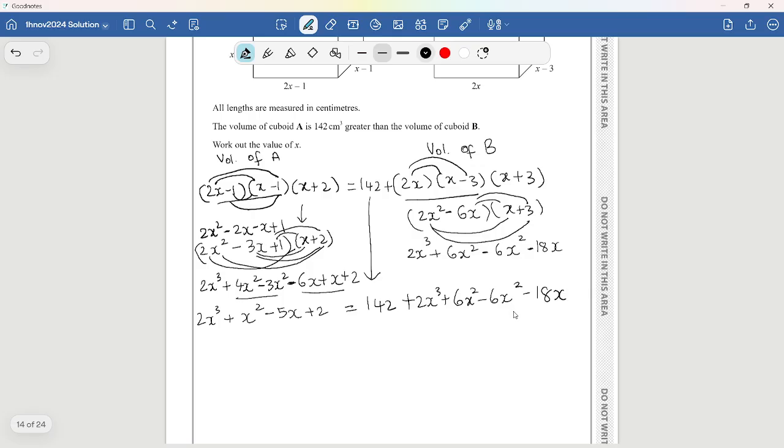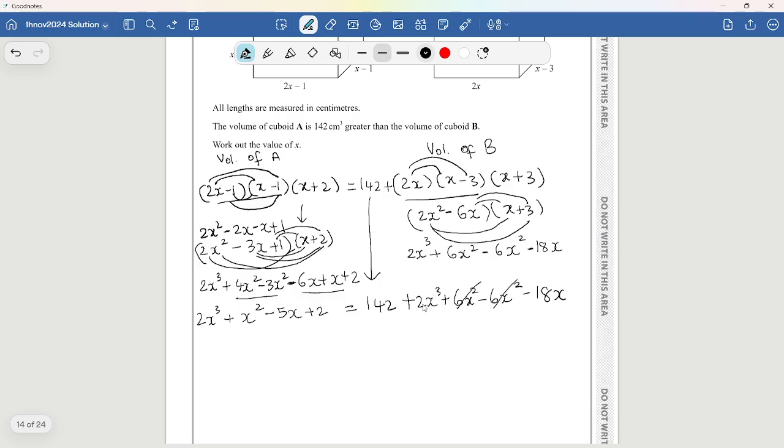Now, is there anything I can simplify further before moving on to bring all the like terms on either side of the equation? Well, I see there is plus 6x squared minus 6x squared, which cancels them and makes this part's x squared coefficient 0. So I can cancel it right away here.